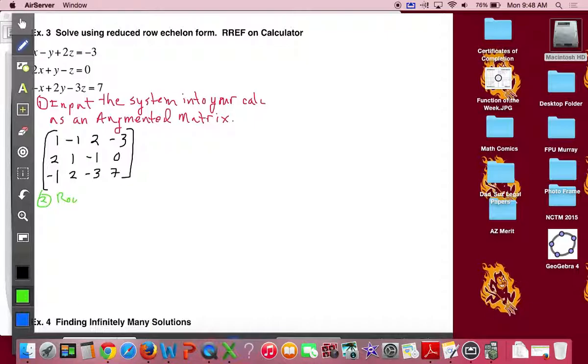You were getting your systems into row echelon form, but there's an easier way in your calculator, and you'll see here in a minute. So row echelon. And we're going to write the difference between row echelon and reduced row echelon.